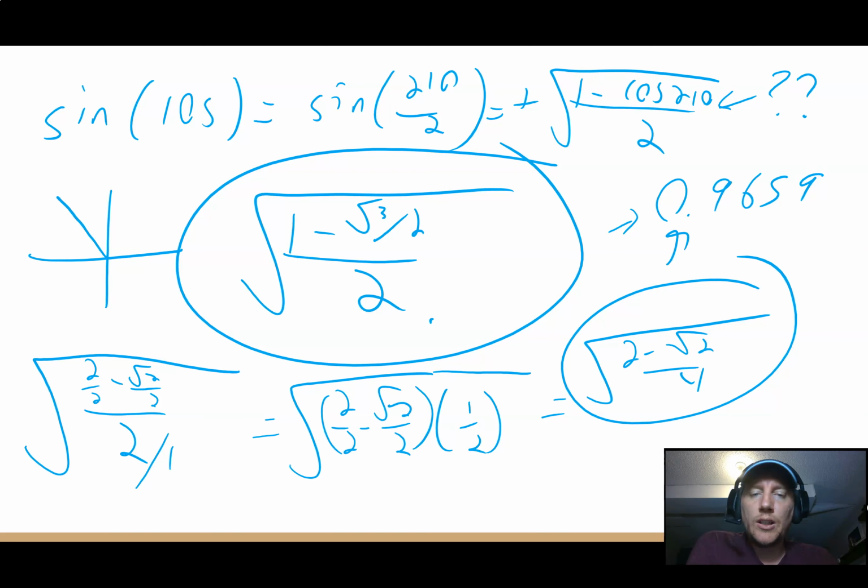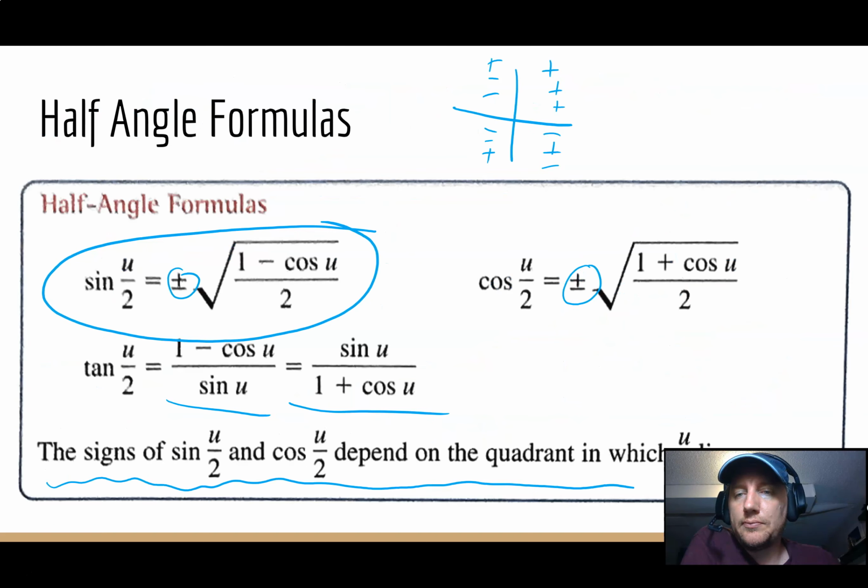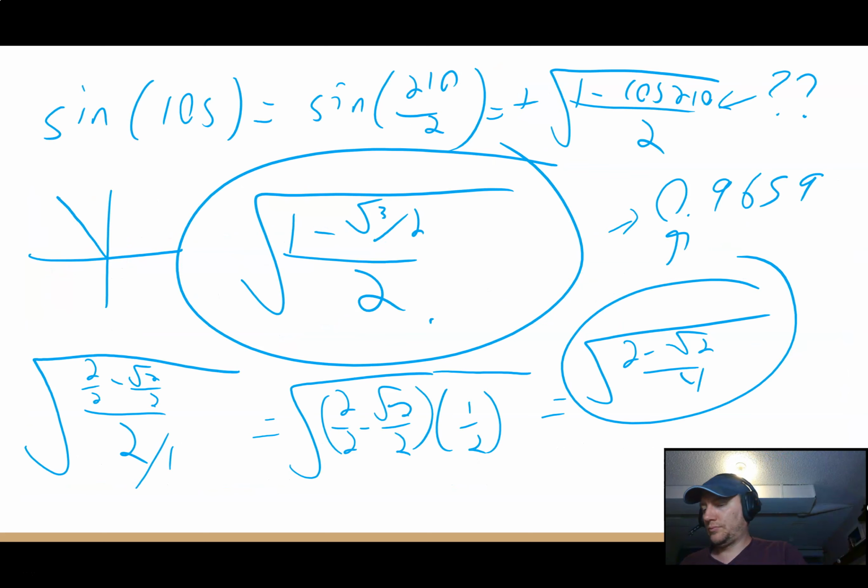I feel like I goofed on something in my simplifying. Cosine 210 is negative square root of 3 over 2. Let me go back. 1 minus cosine 210. Yeah, I'm stuck all of a sudden.